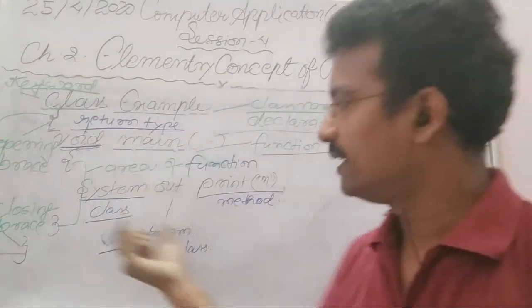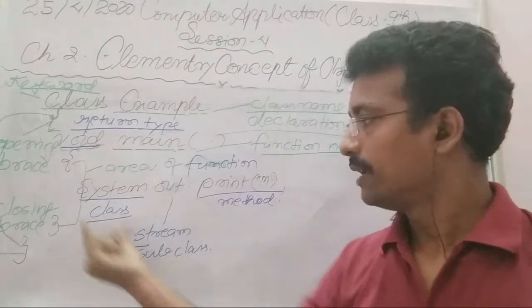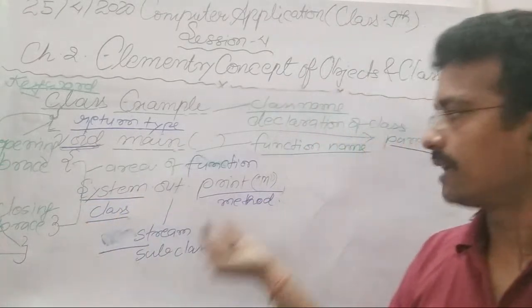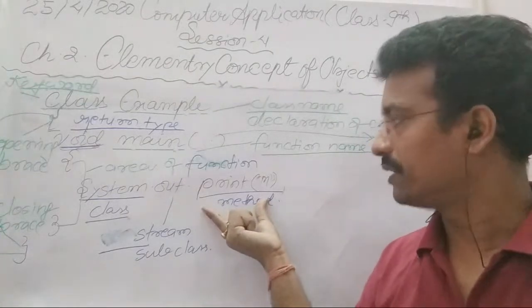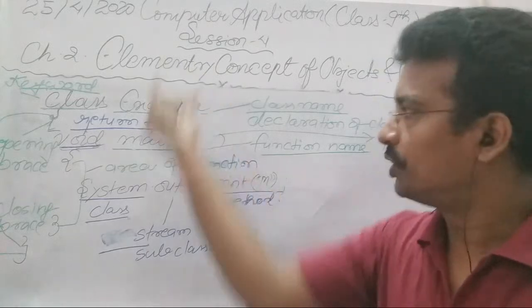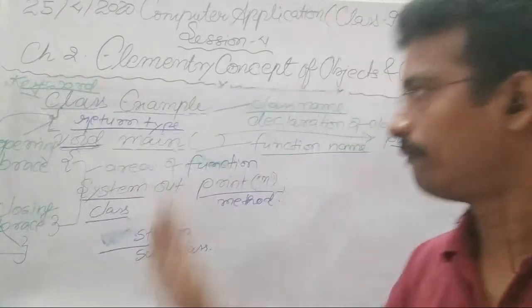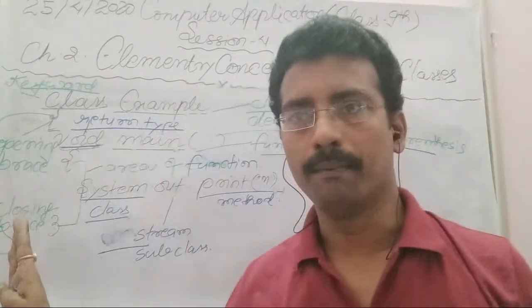So this line indicates that from the System class, a stream subclass has a method named print, which will print this message. So through this program we are coming to know the multiple parts of a normal program.